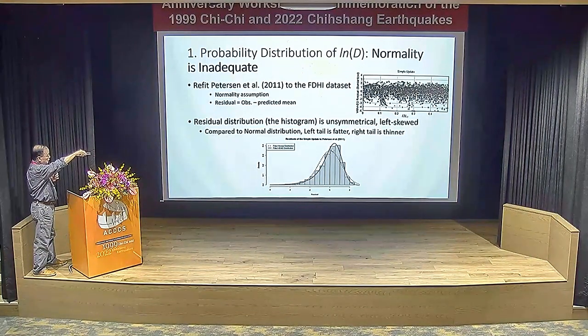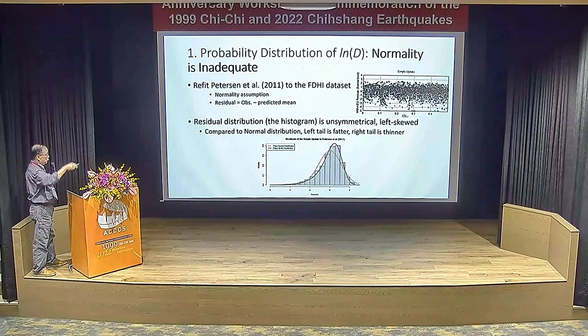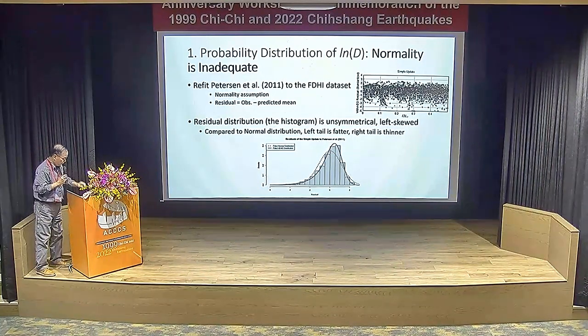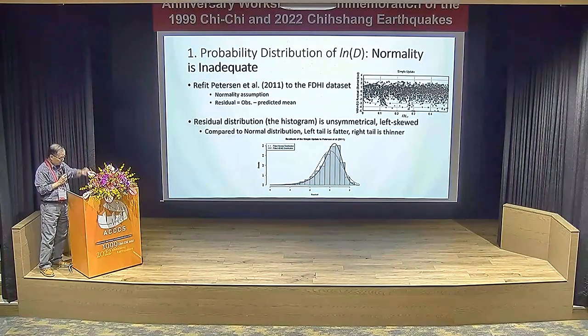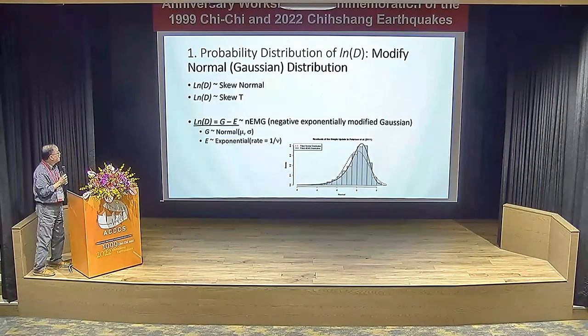You can clearly see that the normal distribution doesn't fit the residual histogram very well. The black curve is fitting the residuals to the negative exponentially modified Gaussian, or NEMG, and it fits the residual really, really well. So that gives us the justification for switching from normal to NEMG.